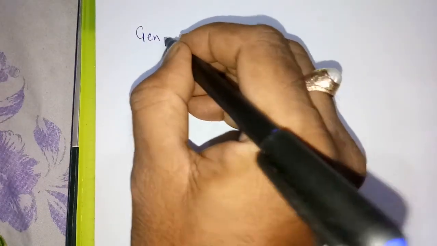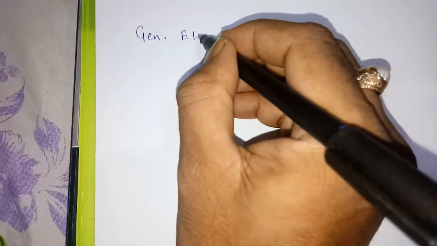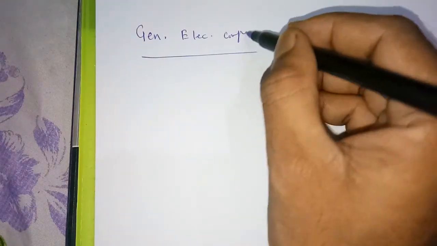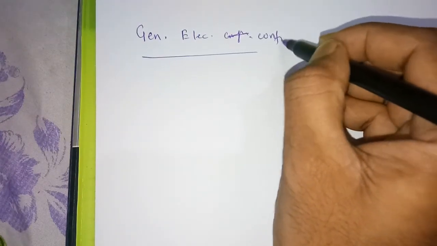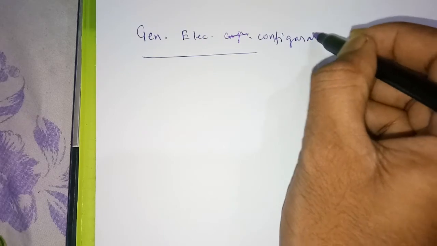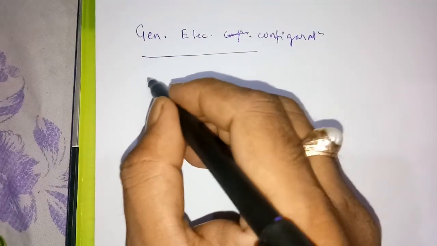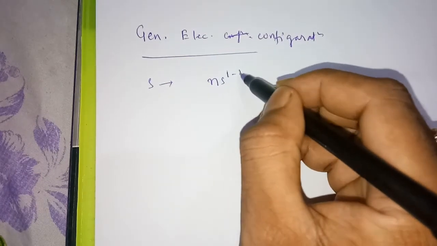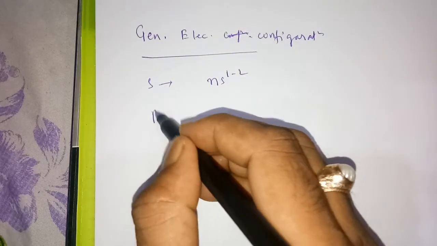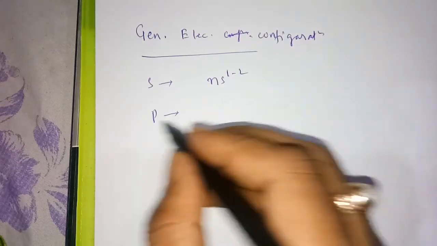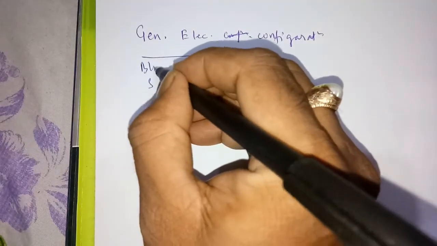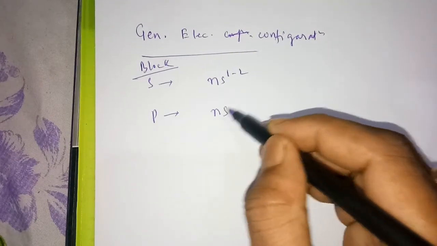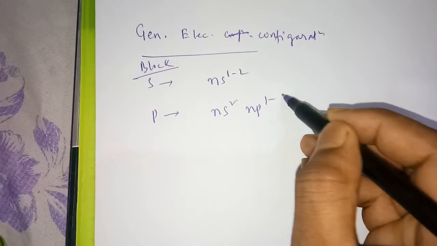Just I am giving the general electronic configuration. Now s block will be ns 1 to 2. Then general electronic configuration of p block: ns2 and np1 to 6.